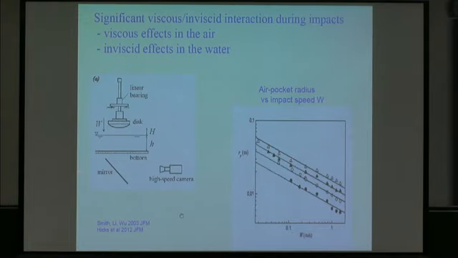It's the same situation as the one I've been talking about, and here's the comparison of the air pocket radius versus impact speed, a comparison between the theory and the experiments. So it's 4 sets of experiments shown here by the symbols, and there are 4 different conditions, and then the solid line is the result from the theory over a range of impact speeds.